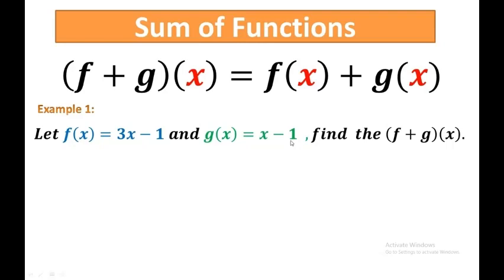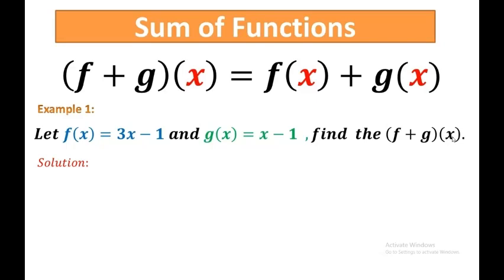So we have two given functions. Now, what are we going to do? Find the sum of the f and g functions of x. We need to add the two given functions.